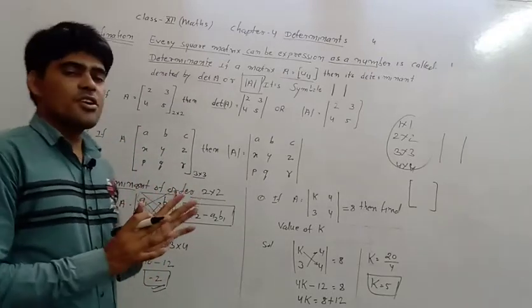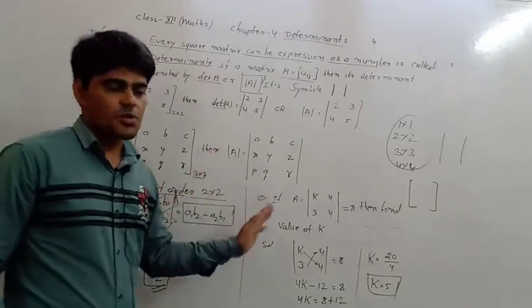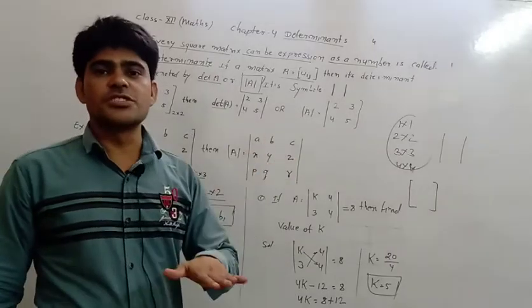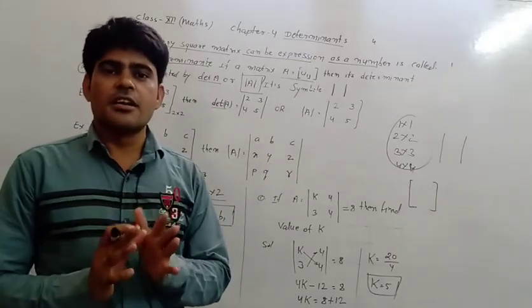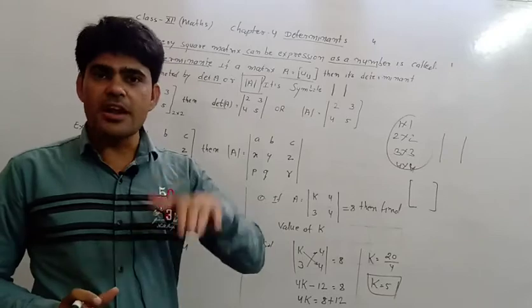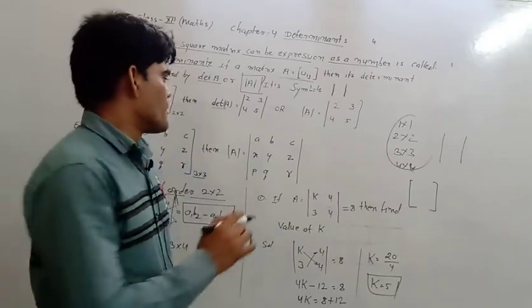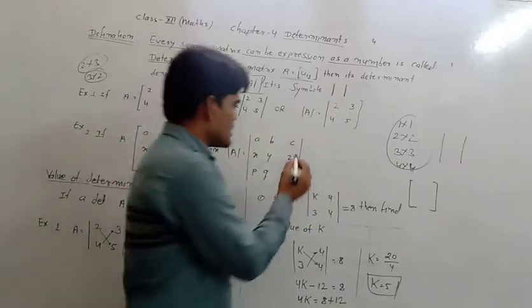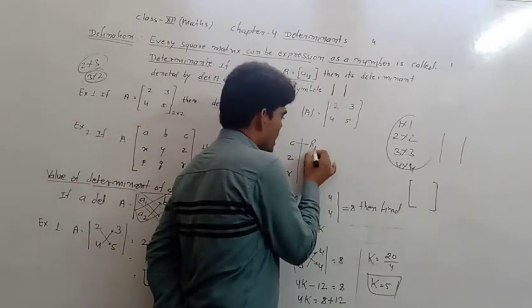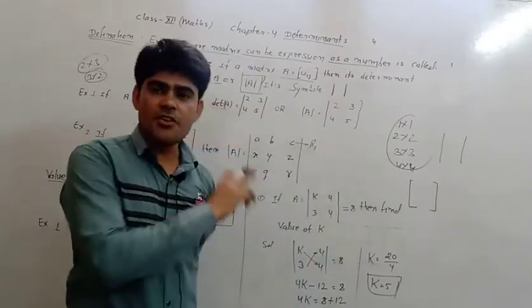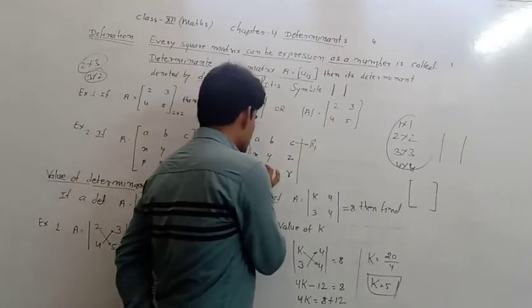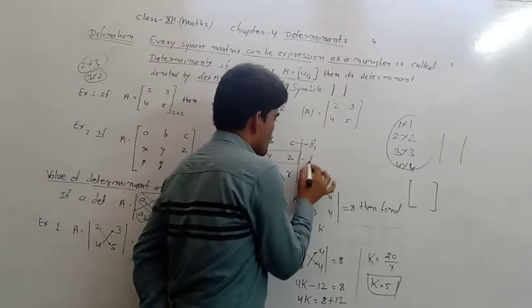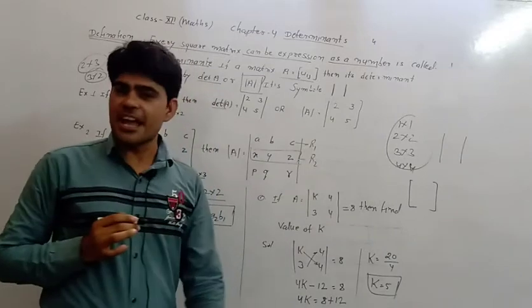And we find the value of every square determinant by using its rows and columns, expanding by the row and column. This is a determinant of 3 and 3. This is the first row R1, we expand it by the first row. This is the second row R2, we also expand by the second row.